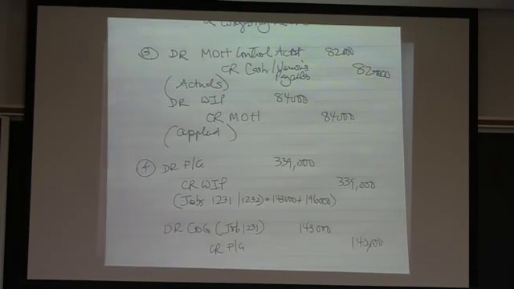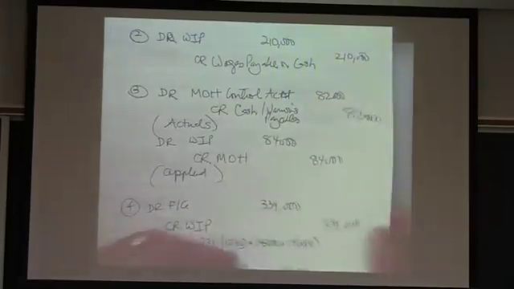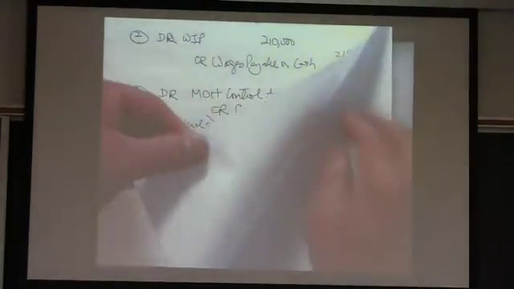Okay, so why don't we just do a quick recap of job order costing, and then the quick recap will help you better understand this job costing and the MOH.